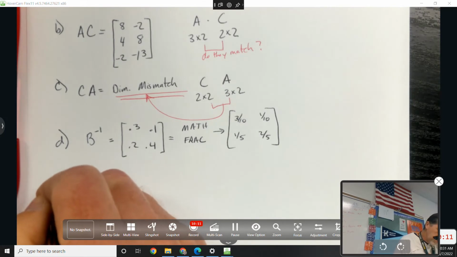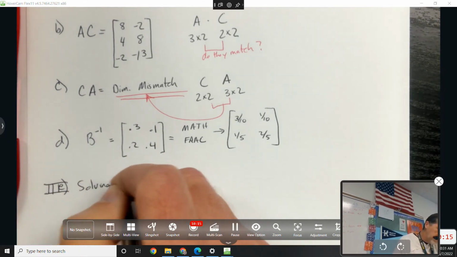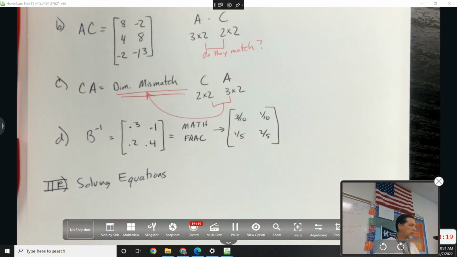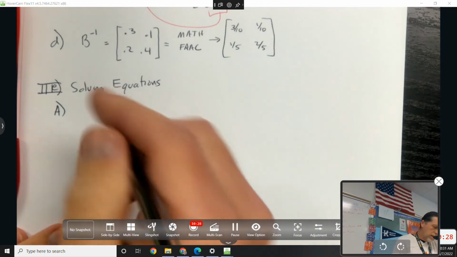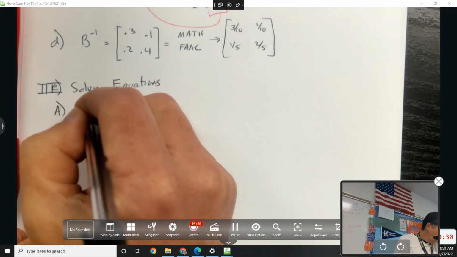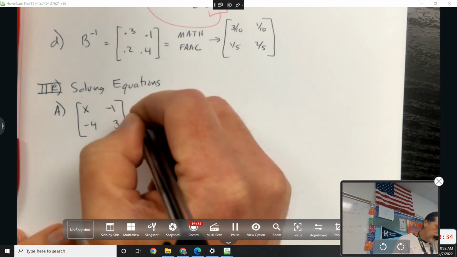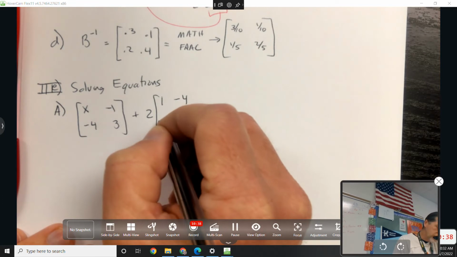Let's do Roman numeral 3 here. Solving equations with matrices. This is kind of an easy one, but it looks crazy.